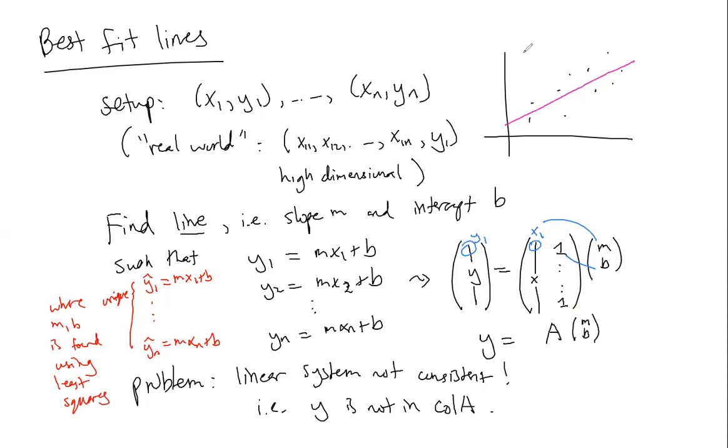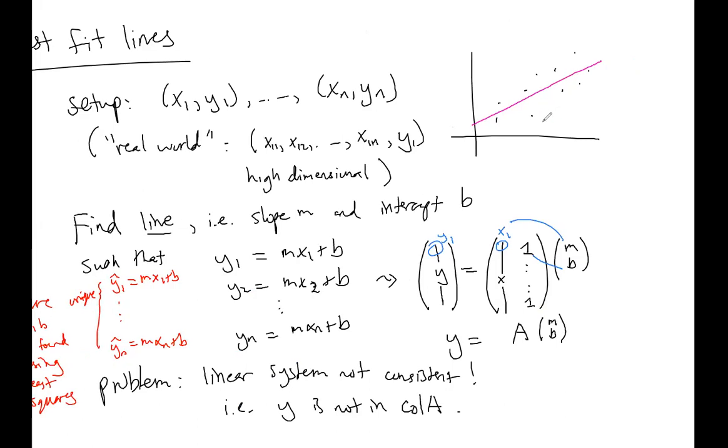And so, yeah, the line could be different, but the points on the line for each x value are going to be the same. So let's look at this picture. Let's draw these a little better. The line could be different, but your hat values, these are your hat values.